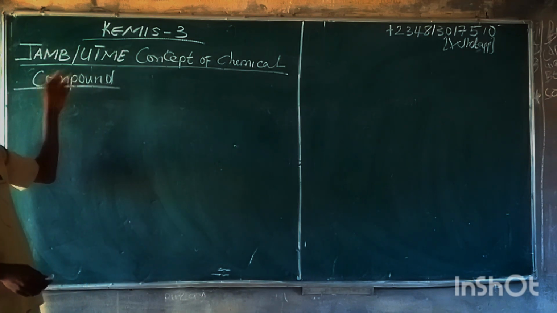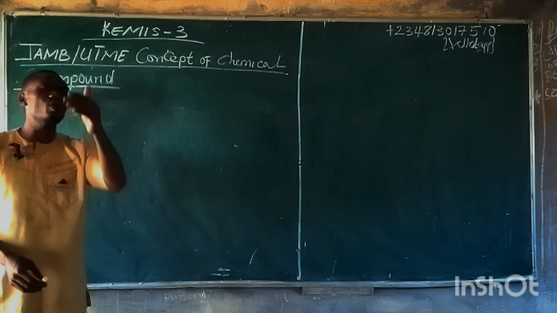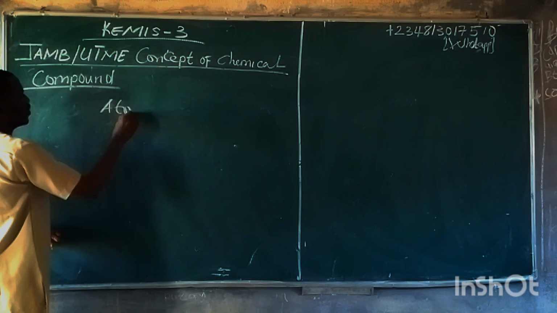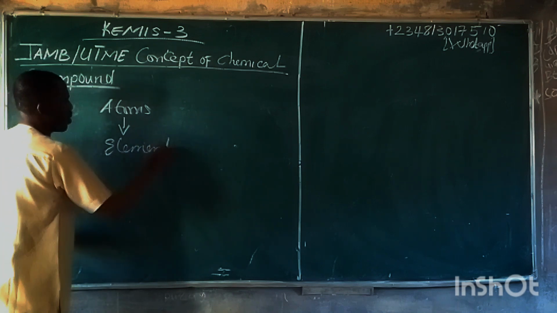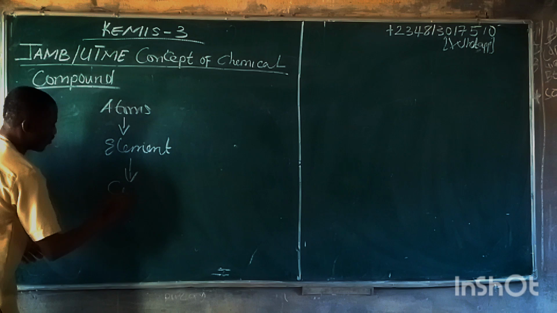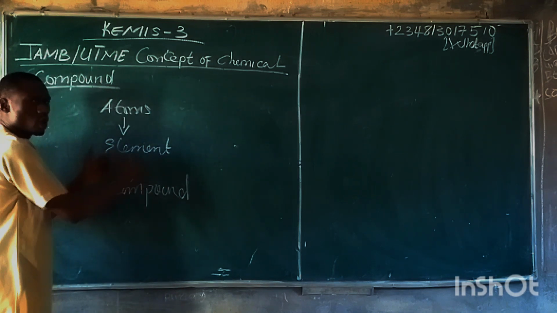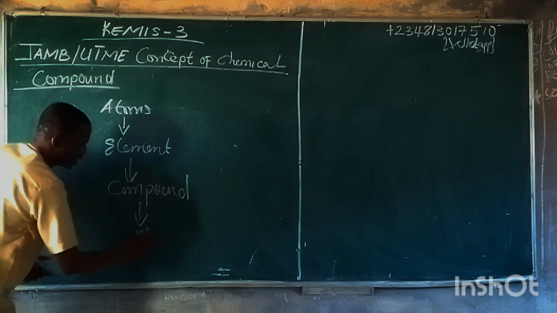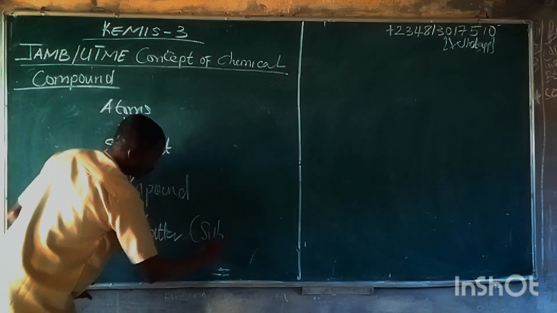You look at the topic, the JAMB/UTME concept of chemical compound. Now, you already know that a chemical compound is the combination of different atoms of elements, and these different atoms of elements are combined chemically in a definite proportion, so it will form a compound.